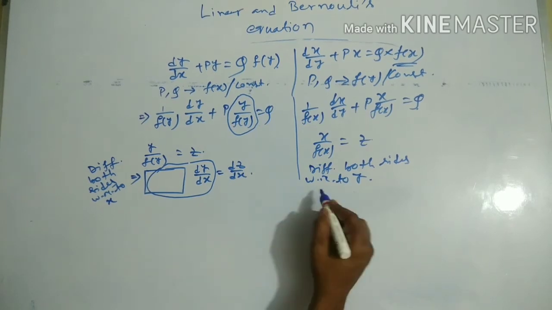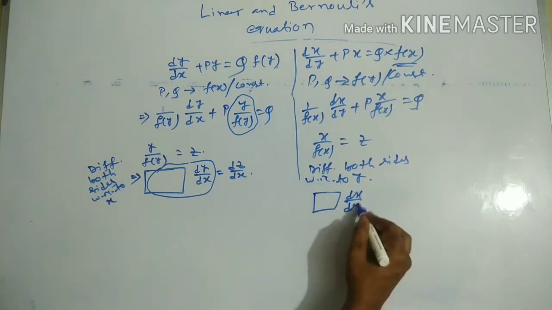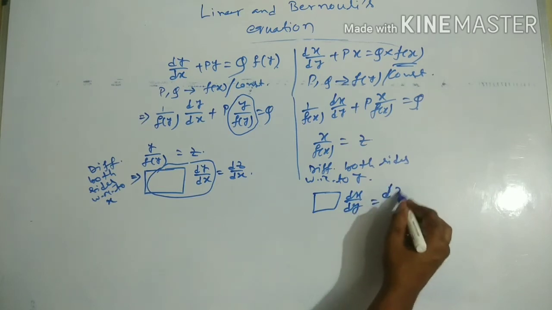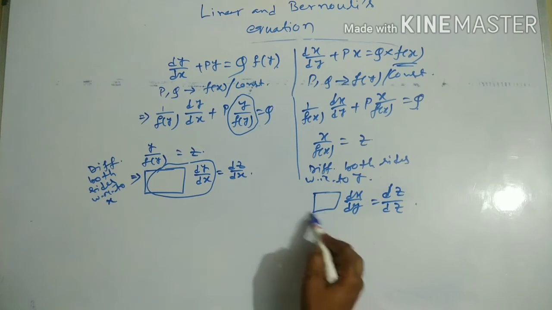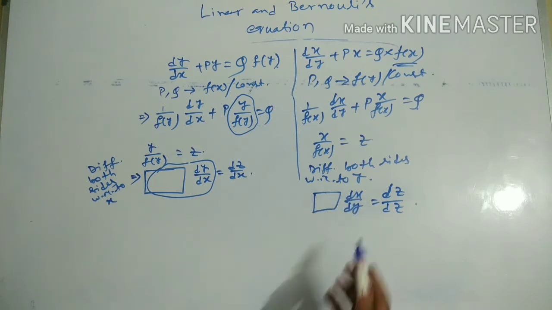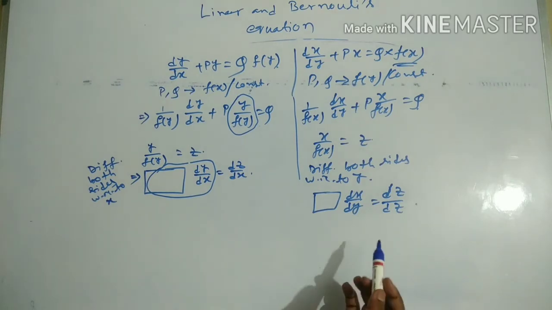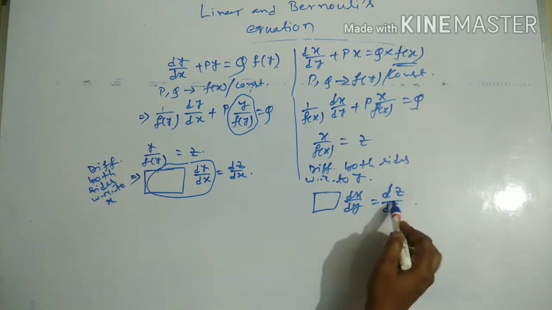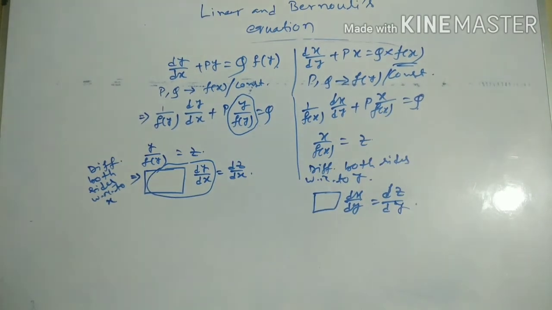After differentiating, you will get a new function of x times dx/dy equal to dz/dy. Now as before, this function will be identical with this, so that you can substitute this part by dz/dy. Now we will take examples so that it will be clear to you.